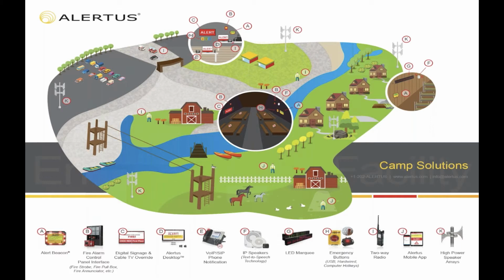Next question. Does the Alertus system work if there is no Wi-Fi or internet in a certain area? Yes. With this in mind, the Alertus system does require a network and does require a server. However, many of the customers and many of the conversations we had last week at ACA mentioned the same thing, that there might not be a big range or there might not be an area where they get Wi-Fi coverage.